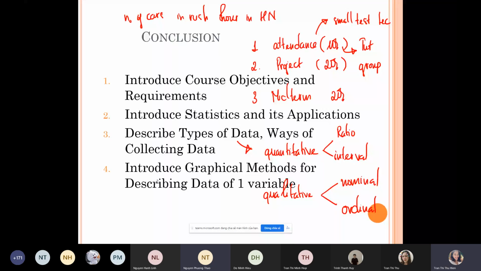For the first lecture, I just give you some graphics for one variable. So that is all for the first lecture: I introduced some basic information, data, how to classify data, and how to present the data using graphs.